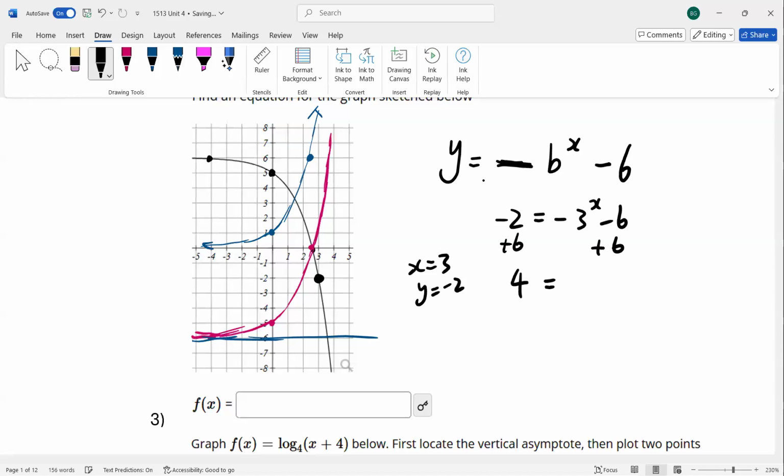We have 4 equals -3 to the x. Divide by -1, -4 equals 3 to the power of x. Hold on a second. Shift it downwards and then flip. Maybe this one.